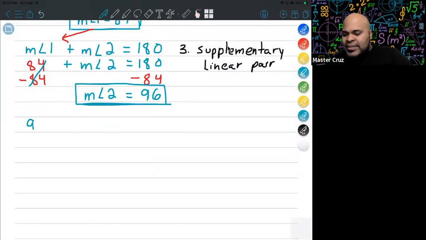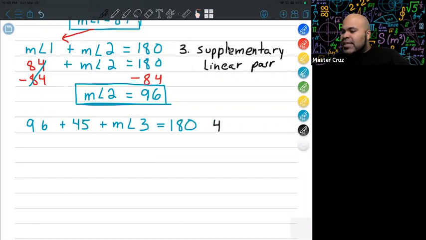So 96 plus 45, plus the measurement of angle 3, which we don't know what it is, is going to equal 180. And the reasoning for this is the same reasoning as in number 1 all the way up here.